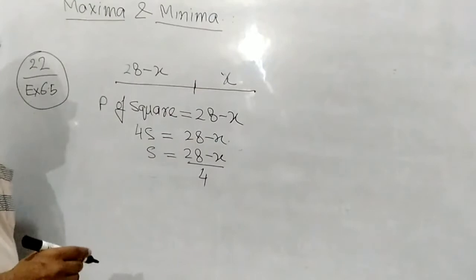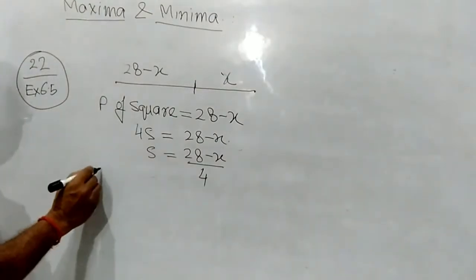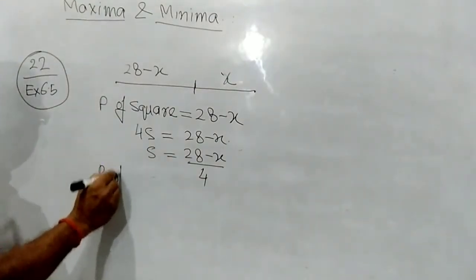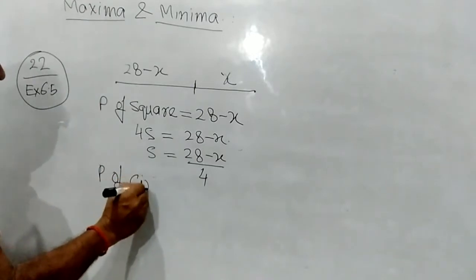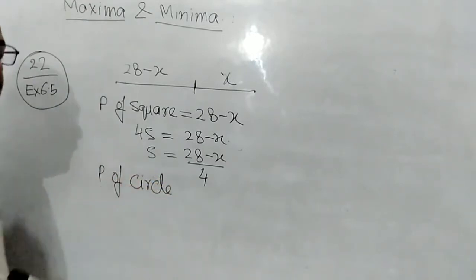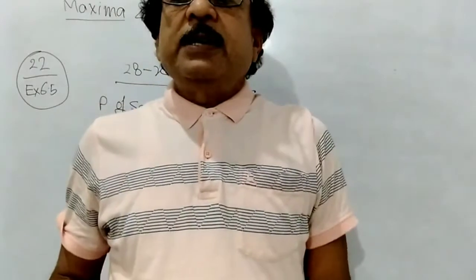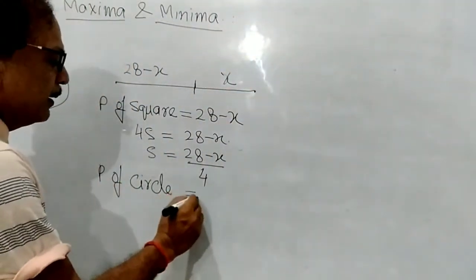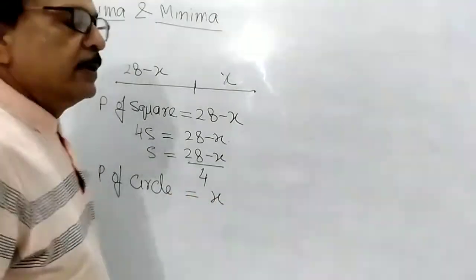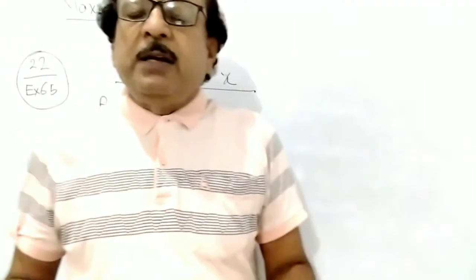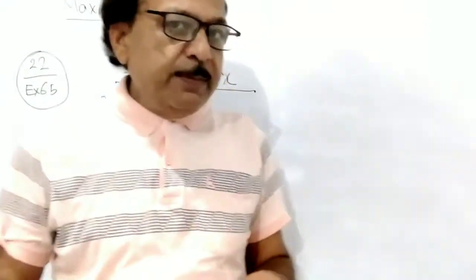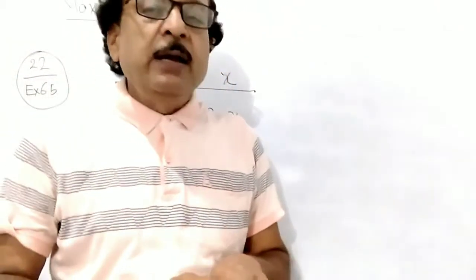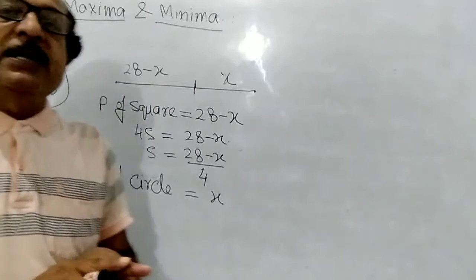Now let the perimeter of the circle, this piece, be X unit. What is the perimeter of the circle?